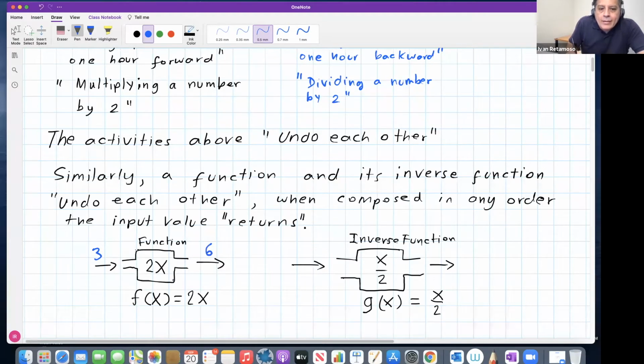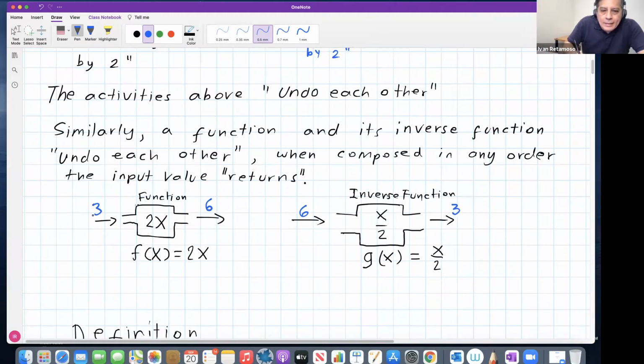Now, suppose you take this input value, 3, enters the first machine. Input value 3, the function f will double it. So we will get here 3 times 2, 6, right? Now, remember, when you do composition of functions, the output of the first function becomes the input of the second function, right? So if you put now 6 over here as the input for the second function, 6 divided by 2 gives me just the number 3, right? So as you can see, this number and this number are the same.